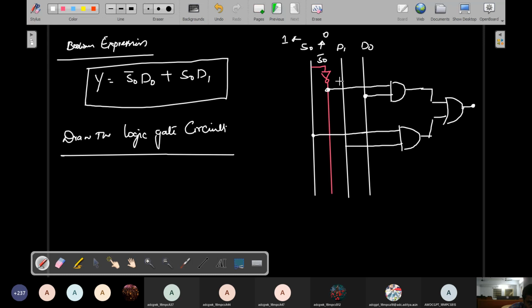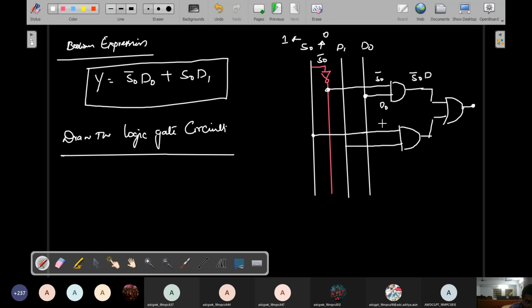See here, this is nothing but S0 bar, and this is nothing but D0. So your AND operation will be S0 bar D. I'll check this equation, whether the diagram is correct or not.